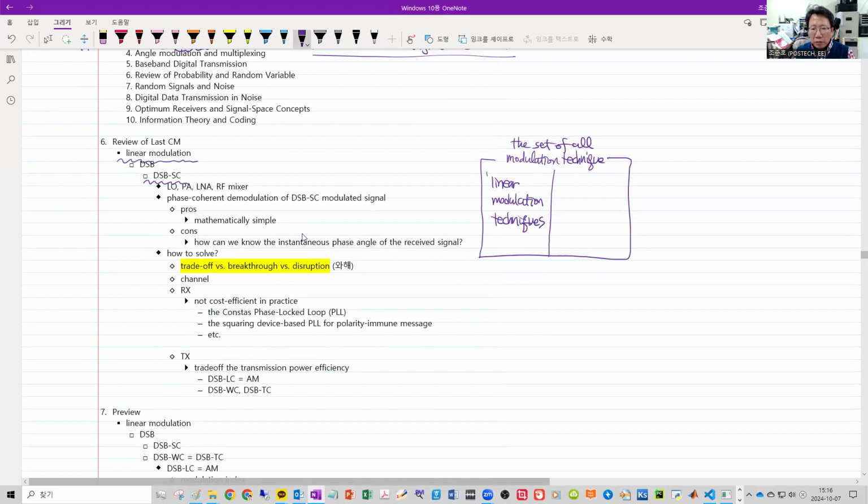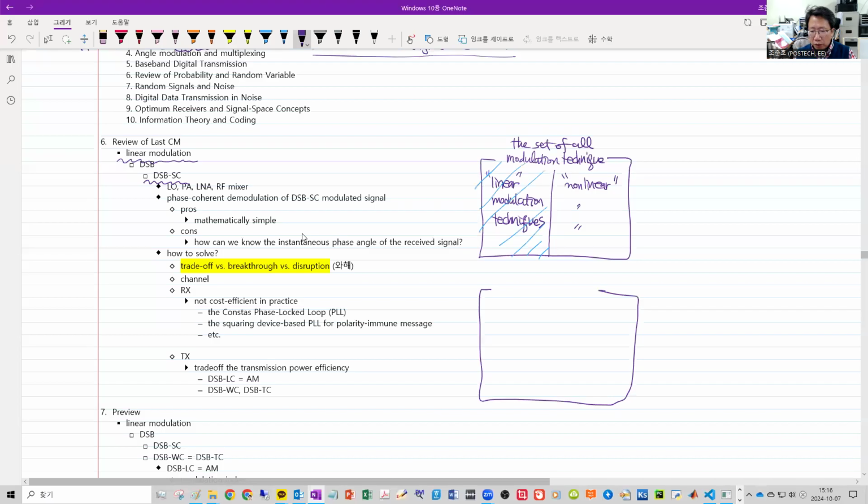The term linear implies the complementary set must be the subset of nonlinear modulation techniques. So this is the big picture. And again, in this subset of linear modulation techniques, there is also a small subset called double sideband modulation. But let me exaggerate again.